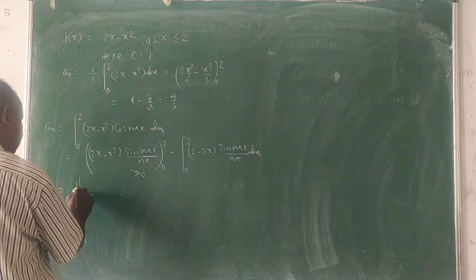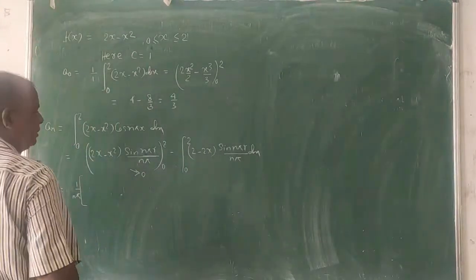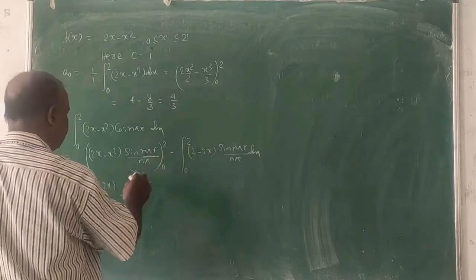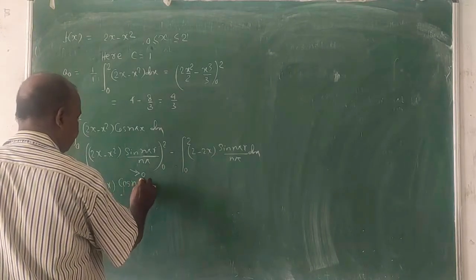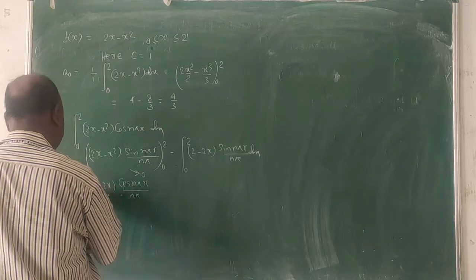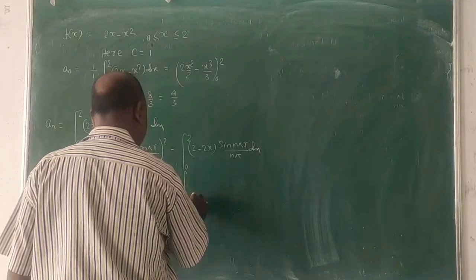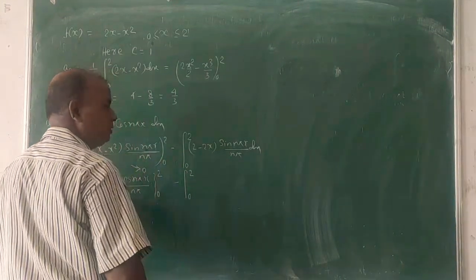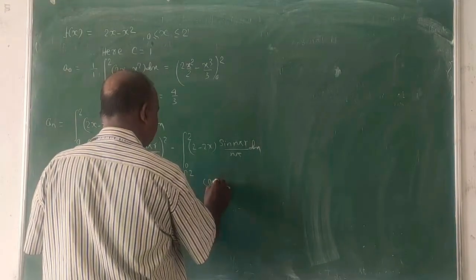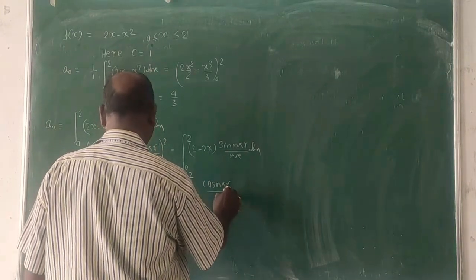This is u, the rest is dv. 2 minus 2x into u times v, that is minus cos of n pi x by n pi, range 0 to 2, minus the integration of 0 to 2 of minus 2, which becomes plus 2, into cos of n pi x by n pi. Is not it?